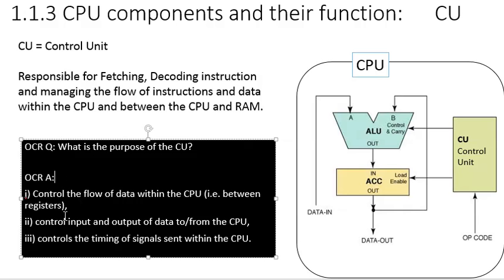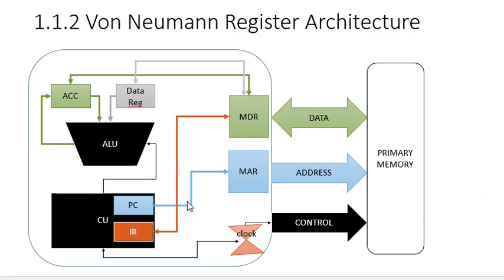OCR answer. One, controls the flow of data within the CPU, that is between the registers. So it will control how the data and instructions move between the various registers, the MDR, MAR, accumulator, and some general purpose data register, as well as the PC and the IR.